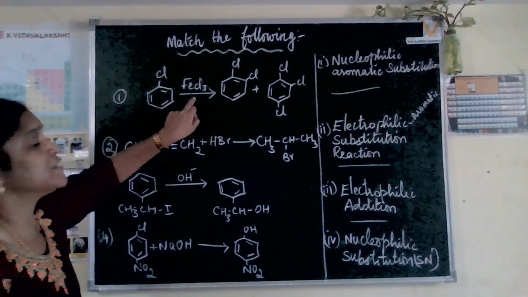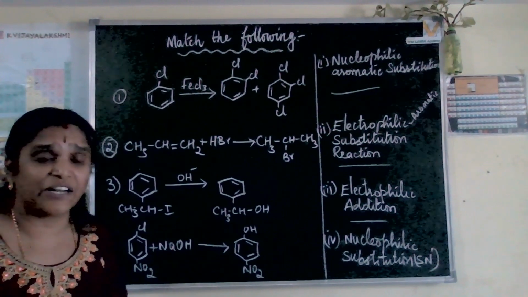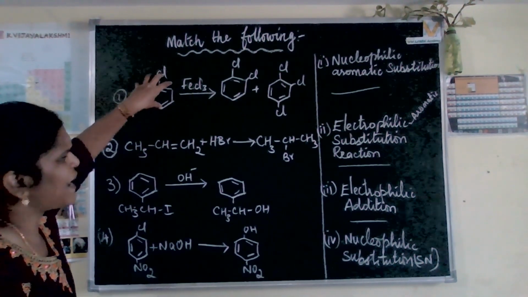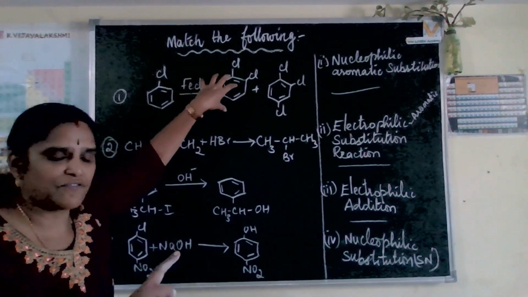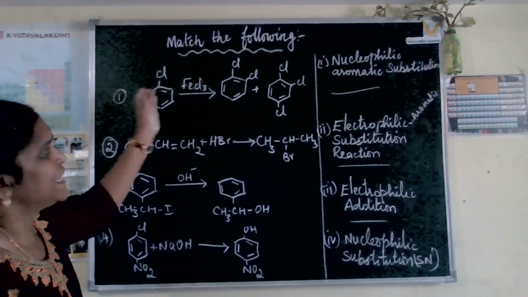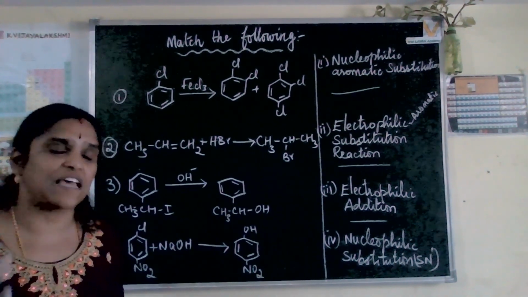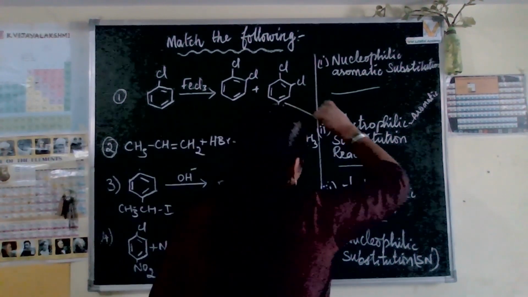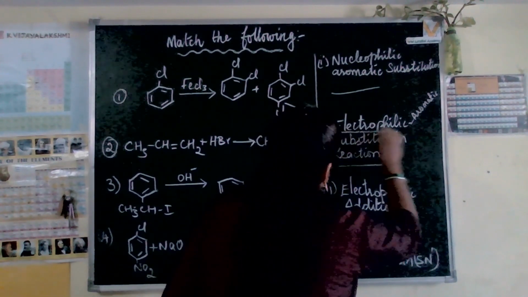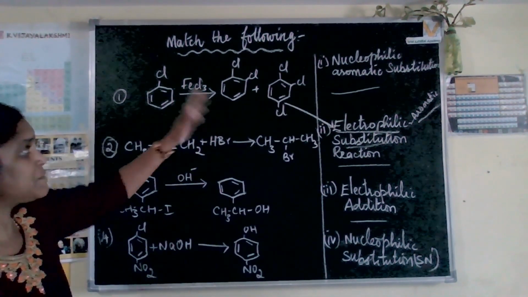Chlorobenzene reacts with ferric chloride, giving ortho and para directing products. This is an aromatic reaction, so it is electrophilic aromatic substitution.